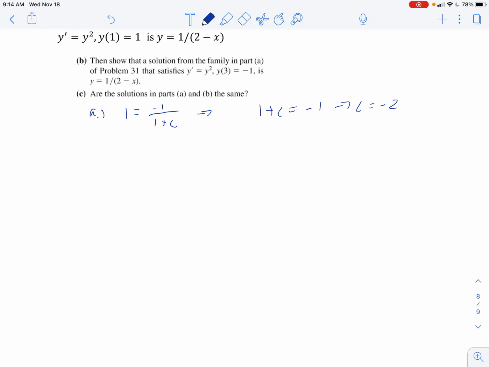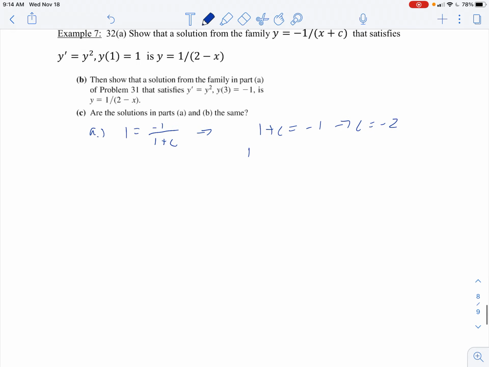So we have -1 over x plus c, which is going to be x minus 2. There's our solution, which can be rewritten, just rearrange where the negative is at, and y is equal to 1 over, then switch the denominator, so 2 minus x. So yes, that's a solution.